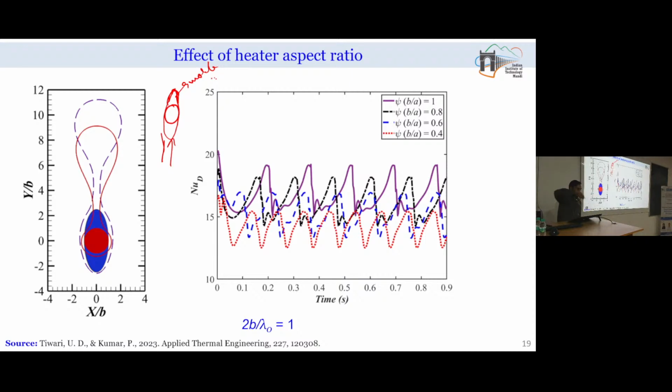So, a circle is a bluff body, but this type of body appears to us more like a streamlined body.